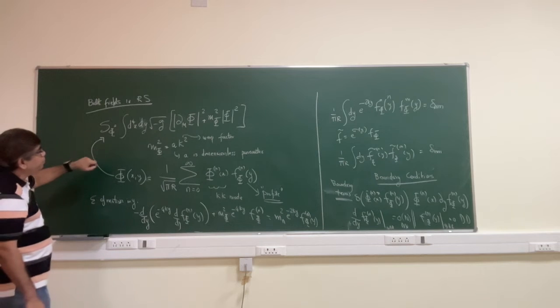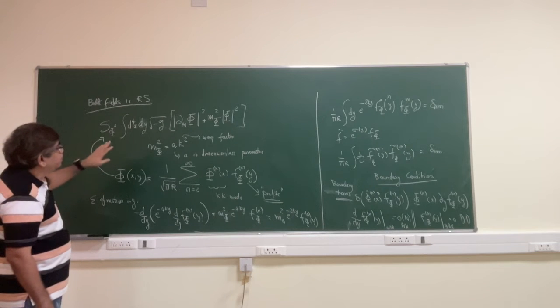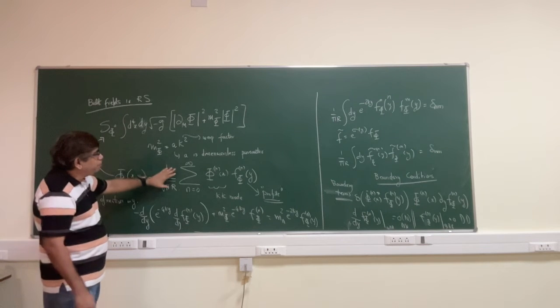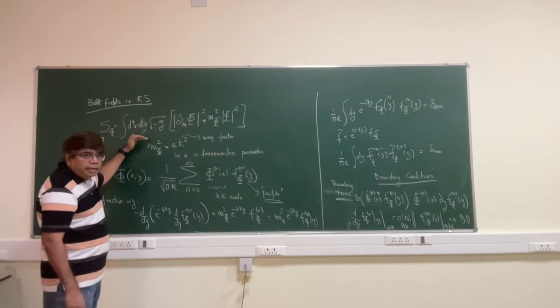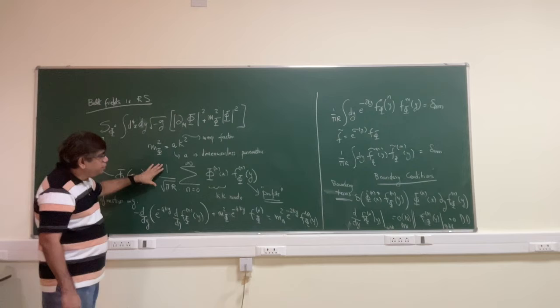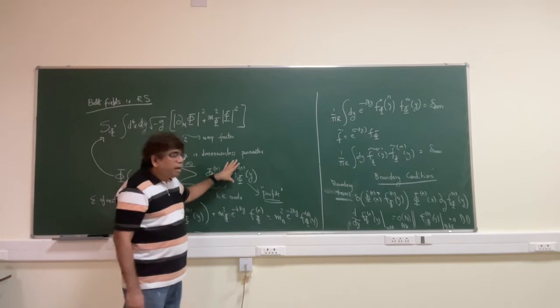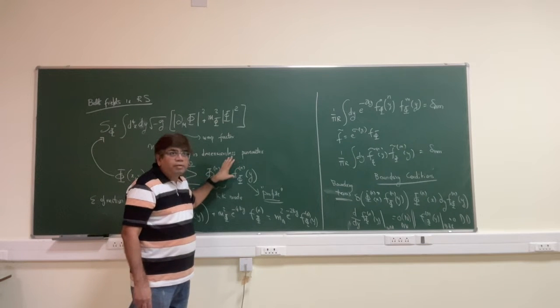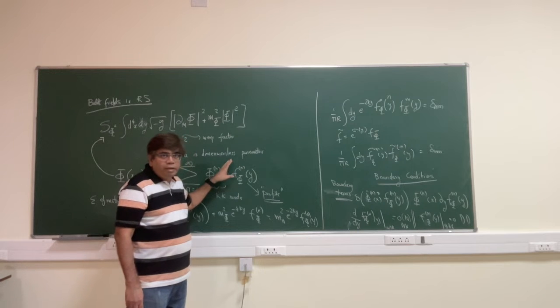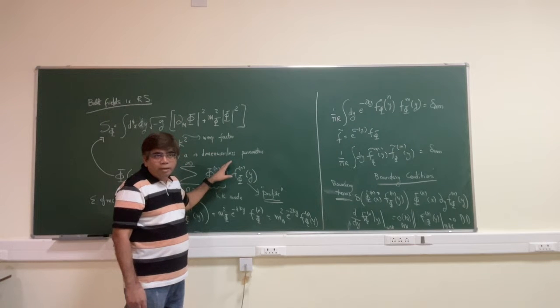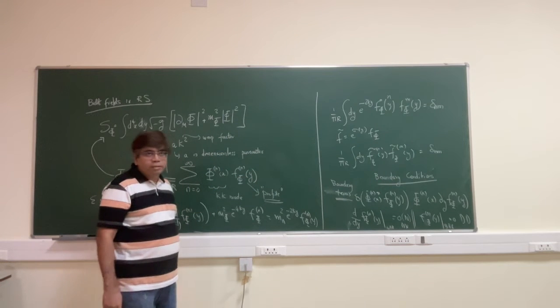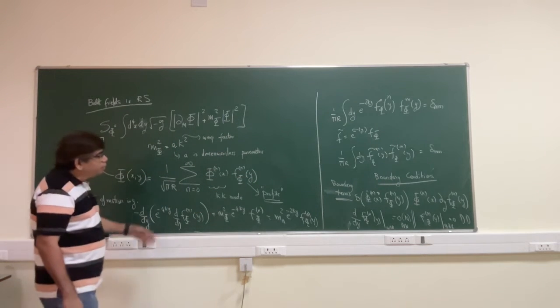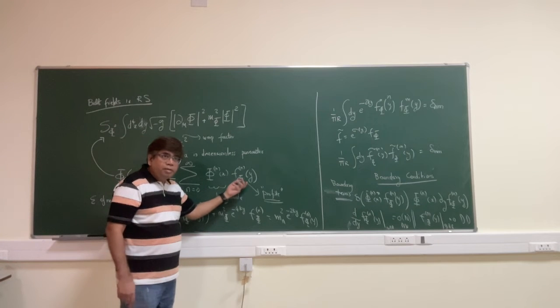In this method, the basic idea is that you take the action in 5 dimensions and decompose it into wave functions. But here, I don't know what these wave functions are. I cannot just write e to the i k n r. Earlier for ADD models, I just wrote e to the i n k r and substituted it, and I got cosines and sines essentially. But here I cannot do that, so I assume some functions whose form I don't know.